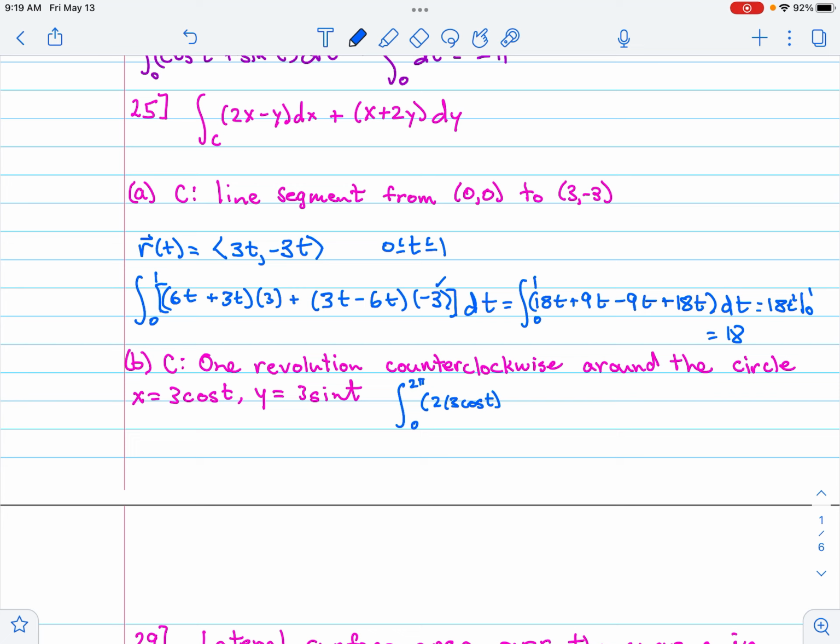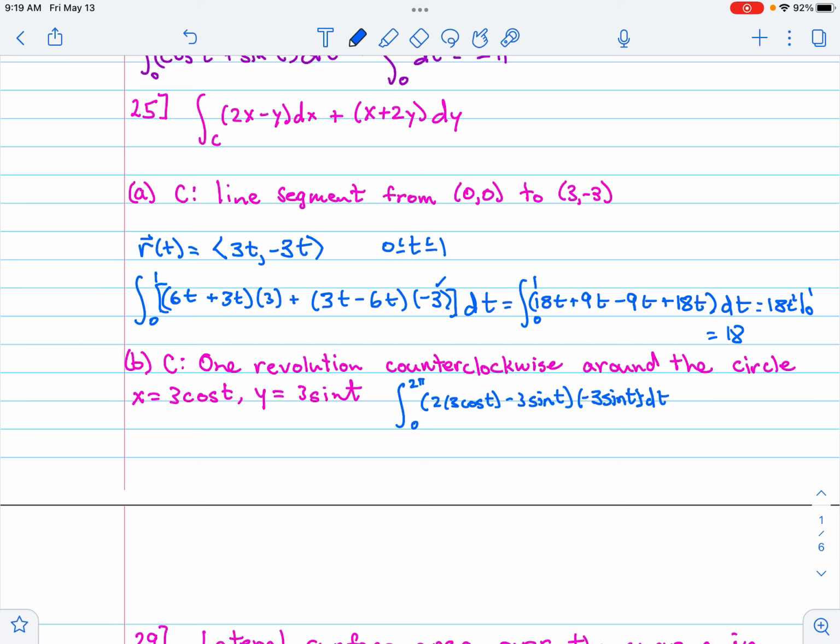Okay. Minus 3 sine t. Okay. And then times dx, which is negative 3 sine t dt. See, I just put in all the parts.